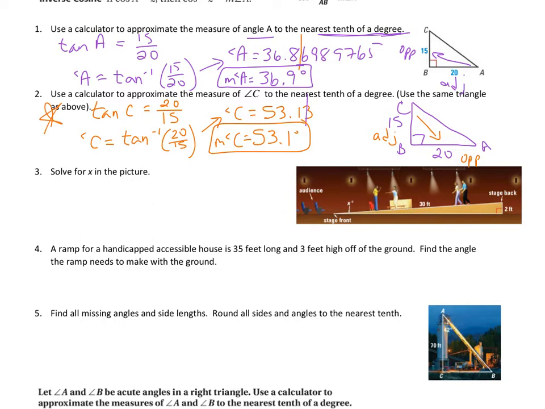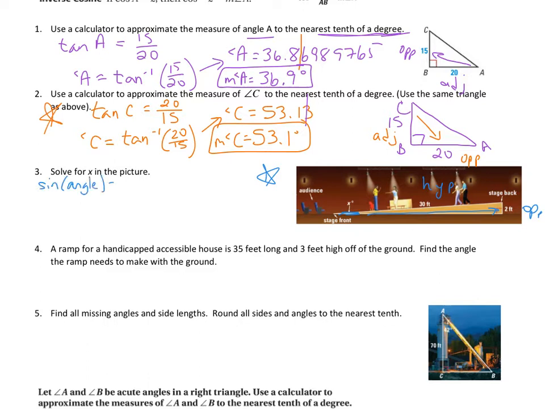Number 3, I want you to figure out if we need to use sine, cosine, or tangent based off of our angle X. So remember, label your sides and then figure out what type of trig we need to use. Based on angle X, we have our opposite and we have a hypotenuse. So the only one that uses opposite and hypotenuse is the sine of your angle.